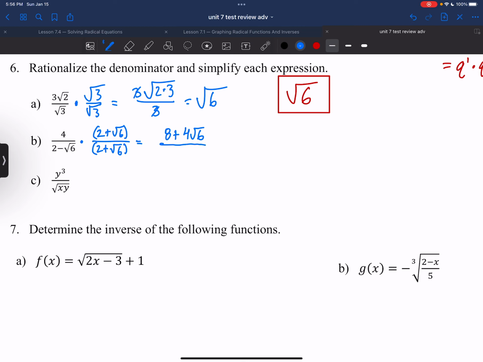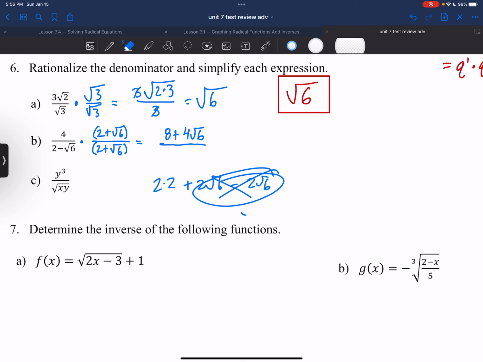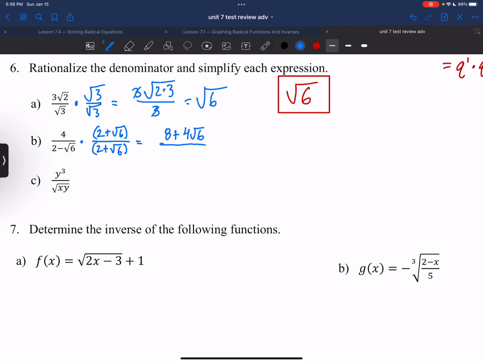Now, you could distribute this and be annoying and say that it's 2 times 2 plus 2 root 6 minus 2 root 6. But these middle terms are always going to cancel. That's the point of the conjugate. So I'm just going to use the difference of squares identity. It's 2 squared minus root 6 squared.